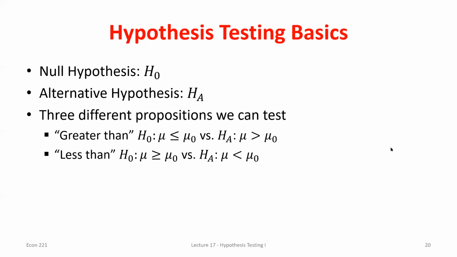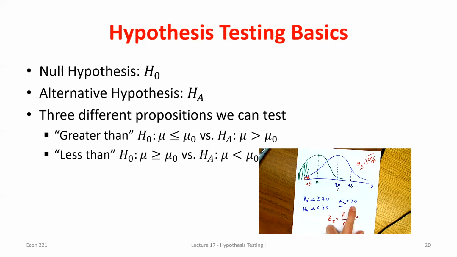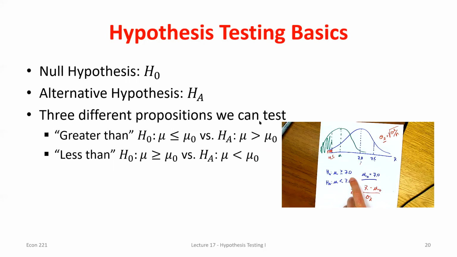Remember, this mu subscript 0 is eventually going to be an assumed true value that we plug in, so in practice this ends up being a number, right? In this example, we assumed that the true mean is greater than or equal to 7. So that's a less than test, because what we're trying to do is find evidence that goes against the null and supports the alternative. We found 4.5, which goes against the assumed true value that it's greater than or equal to 7.